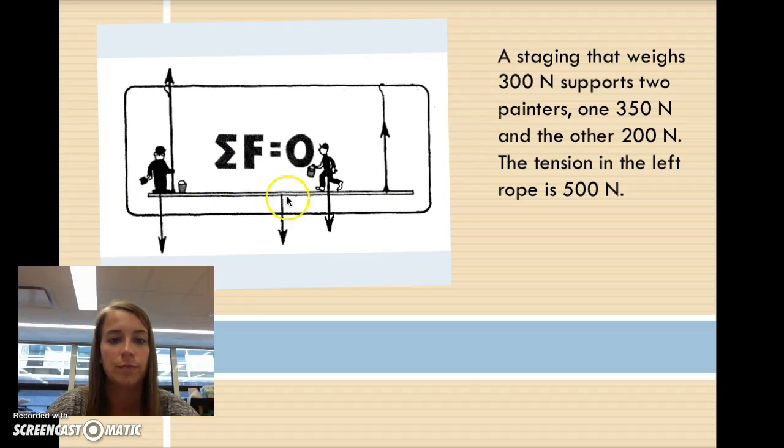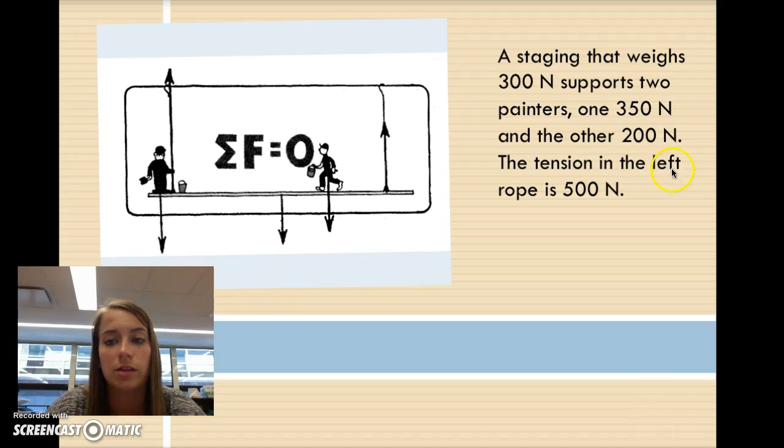A staging that weighs 300 newtons. On its own, gravity's pulling it down with 300 newtons, supporting 2 painters. One weighs 350 newtons and the other weighs 200 newtons. So these vectors here, pulling them down, we've got 350 and 200.